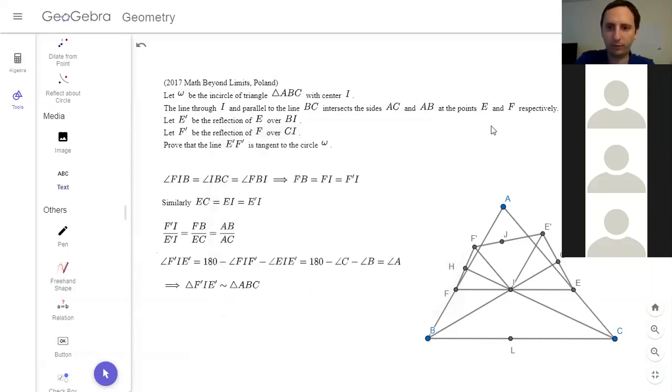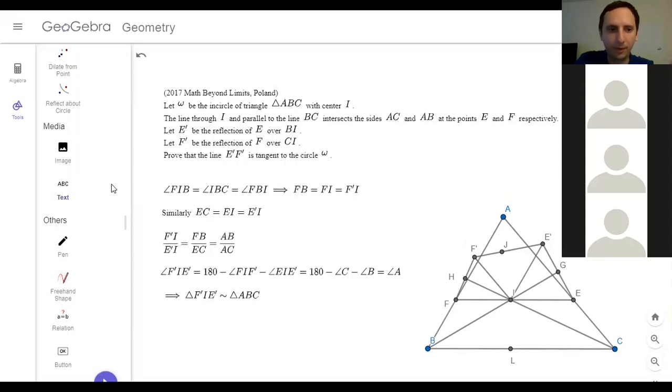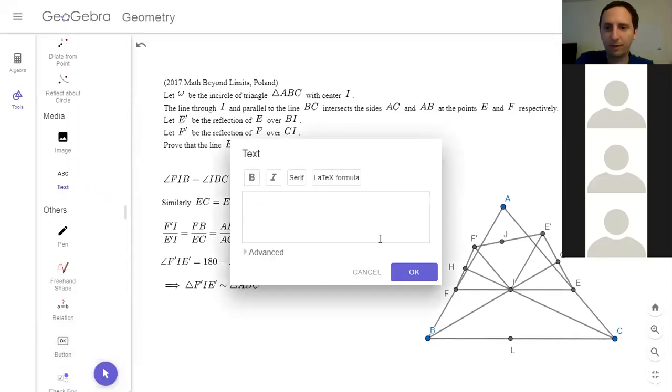And now I will check the chat. So let's see. IF prime over AB, that's the similarity ratio, is IF over AB, is BF over AB, is equal to R over H. Okay, yeah, so I like it.